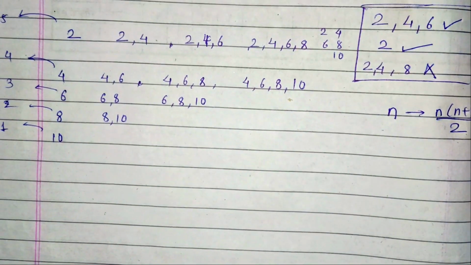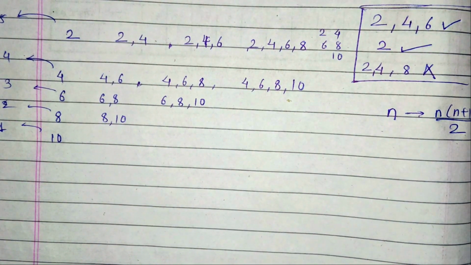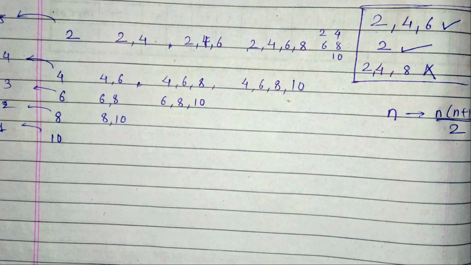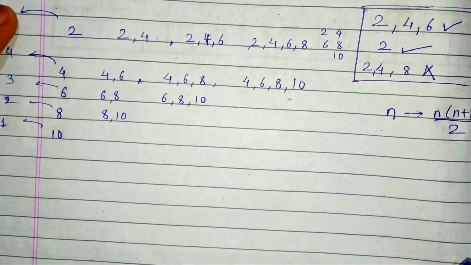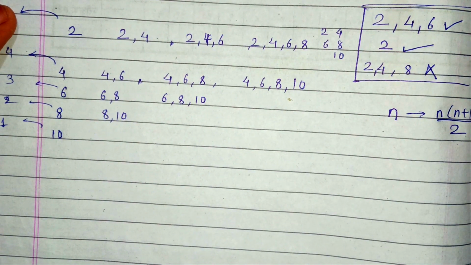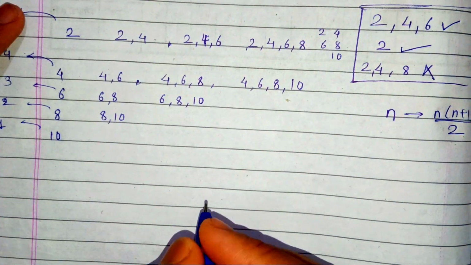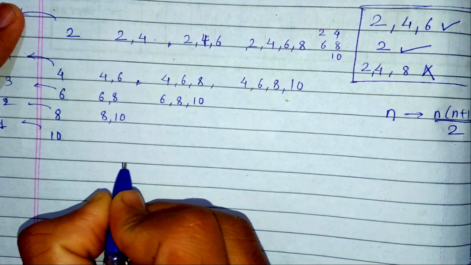The concept is very similar to printing pairs in an array. We have created a video for it, you can check it. It is similar to that concept. Let's take an example.